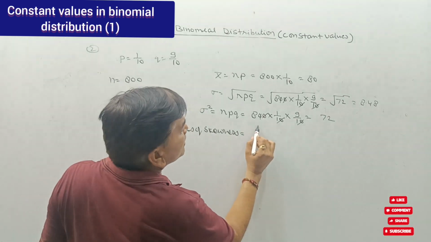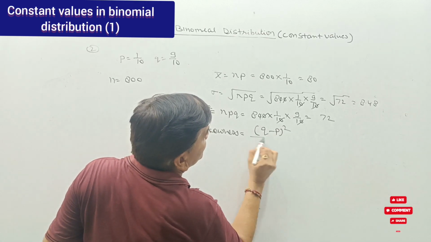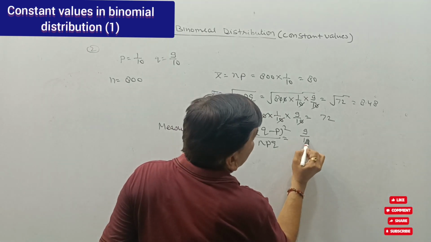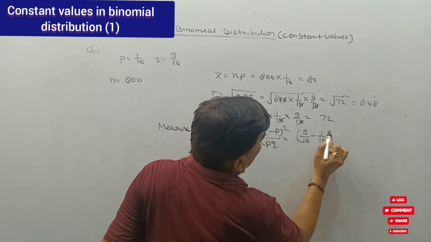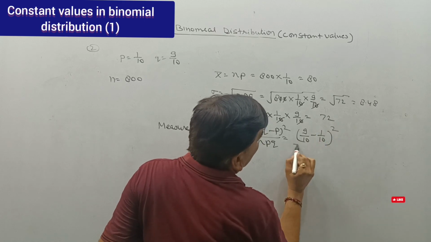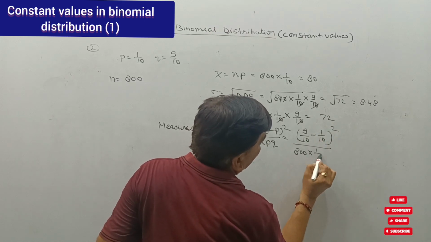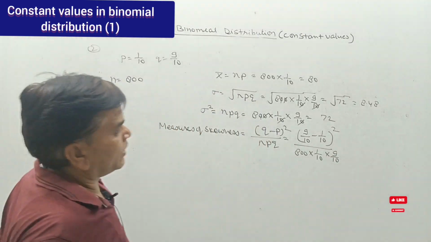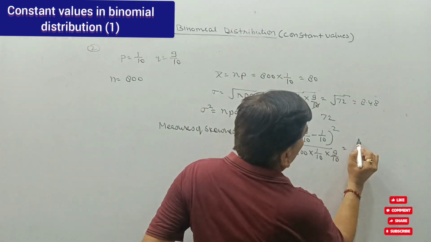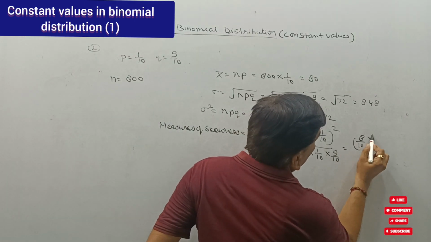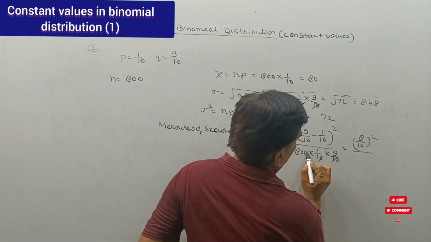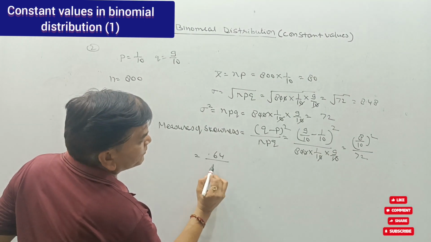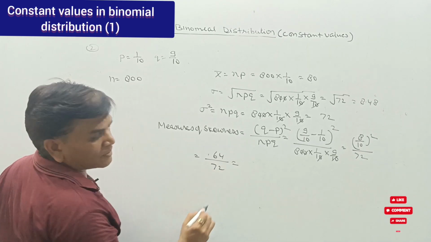If we want measures of skewness, the formula for that is q minus p whole raised to power 2 divided by npq. So that is 9 by 10 minus 1 by 10 raised to power 2, divided by 800 multiply 1 by 10 multiply 9 by 10. So that is 8 by 10 raised to power 2 divided by 72. So we have 0.64 upon 72.